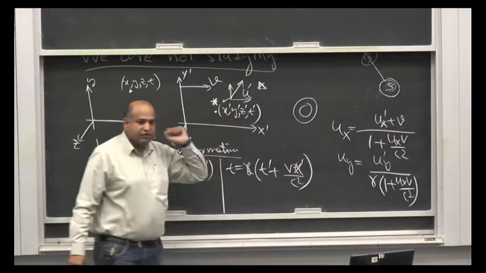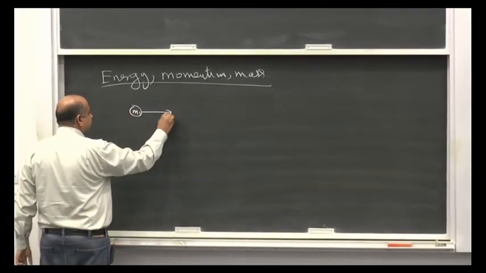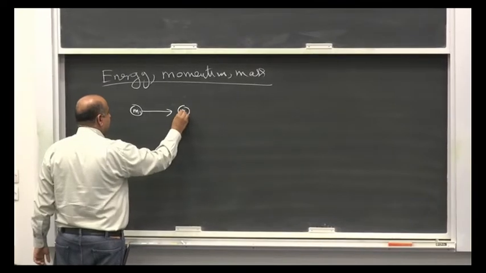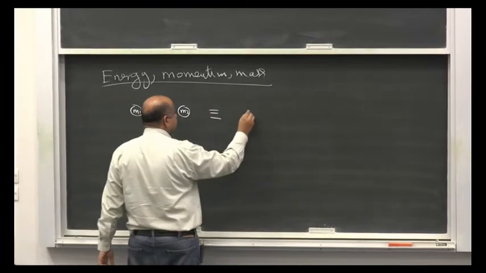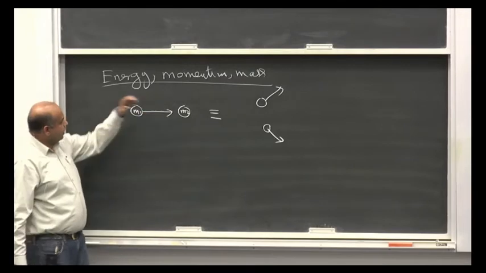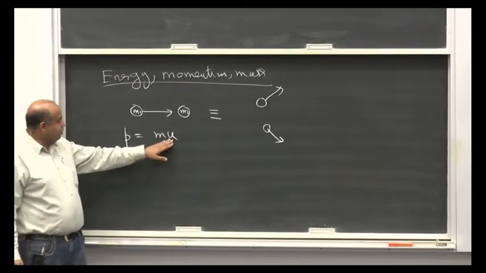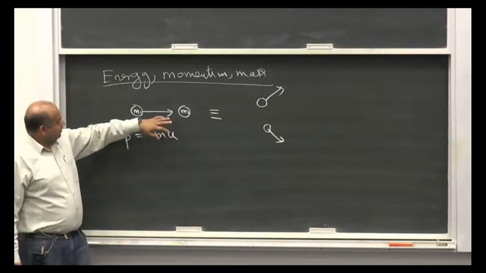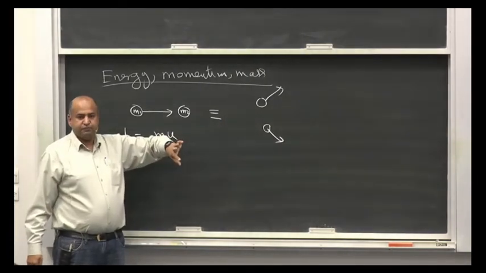So anyway, if we use these velocity laws and we try to see the conservation of momentum. Let's say you have a billiard ball of mass m1 striking another billiard ball. After collision, this one will go here, this one will probably go here. So if you write the momentum like this, mass times velocity, in one frame, the momentum might be conserved but may not be conserved in another frame.